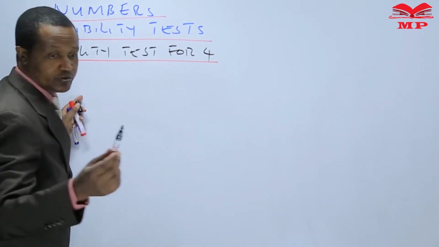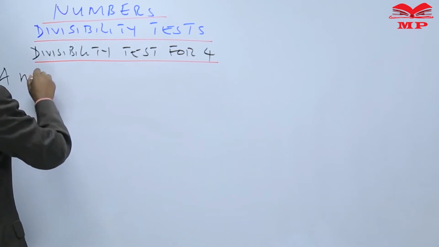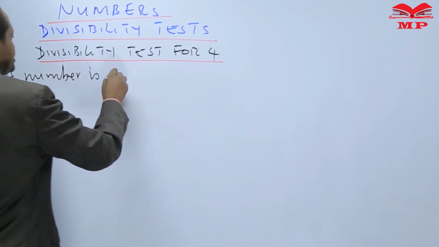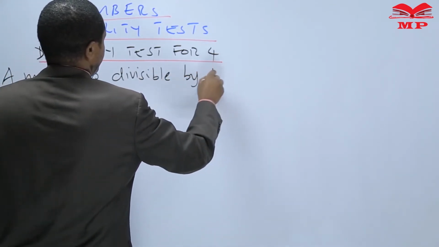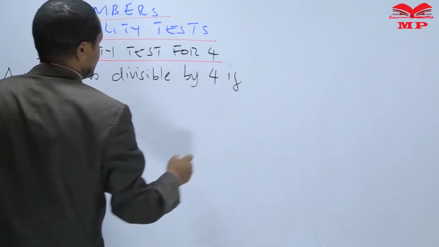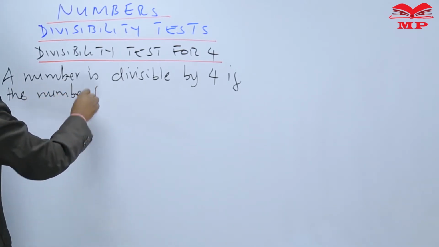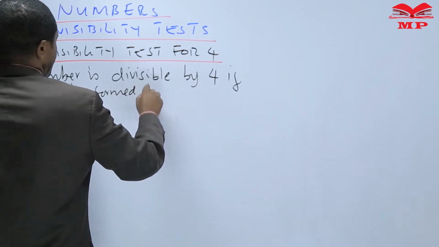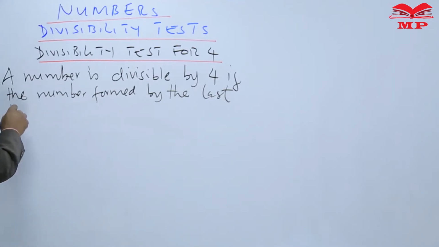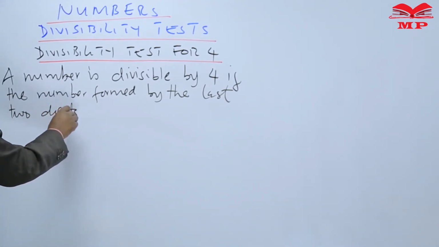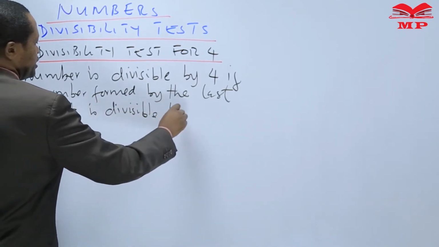Now, I want you to write down this sentence. A number is divisible by 4 if the number formed by the last 2 digits is divisible by 4.